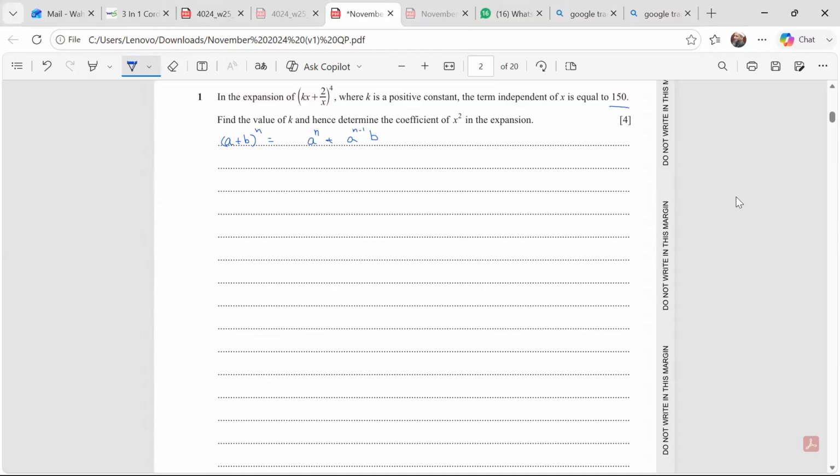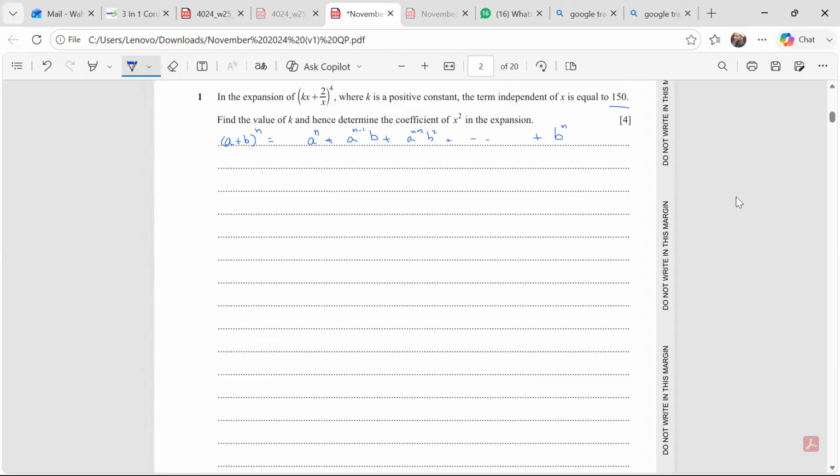The power of b is 0 over here, 1 over here, and then a^(n-2) and b^2. This keeps on going, and the last term is b^n. You see the b power is increasing, 1, 2, up to n, and a's power is reducing. And then they have some coefficients here, right?